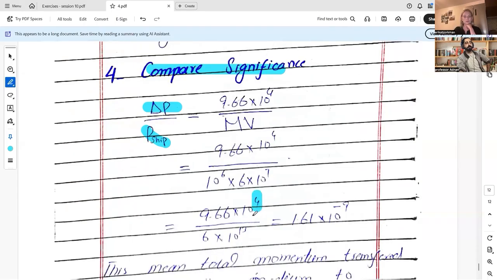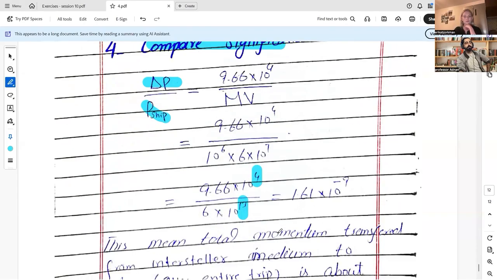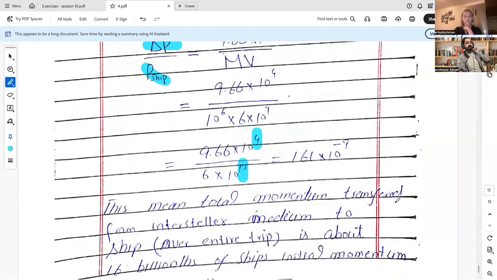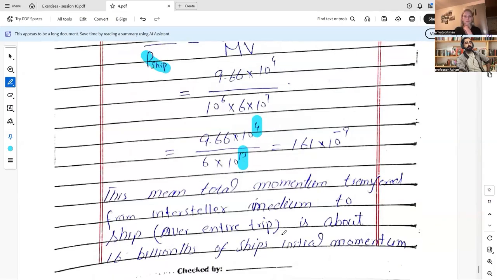Simplifying, finally you can compare the powers, that is almost a billionth of the time. This means the total momentum transfer from the interstellar medium to the spaceship is about 1.6 billionth of the ship's initial momentum. So again, it is ignorable. The impulse produced by the interstellar medium has no effect. It is not significant. You can ignore it.